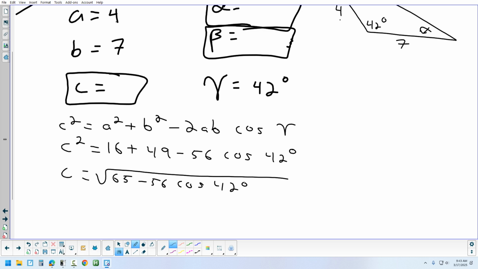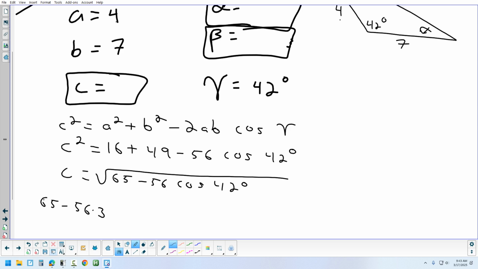And now we'll put that into the calculator. Remember, you can't do 65 minus 56. That's like having 65 minus 56 times something. You need to do the multiplication before the subtraction. And to do the multiplication, I'm going to have to round. Okay, so as far as doing it out, I would stop there with doing stuff by hand and get your calculator.